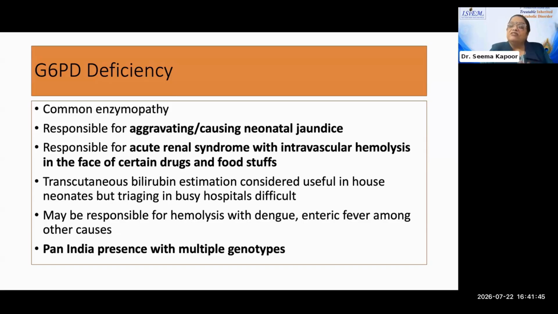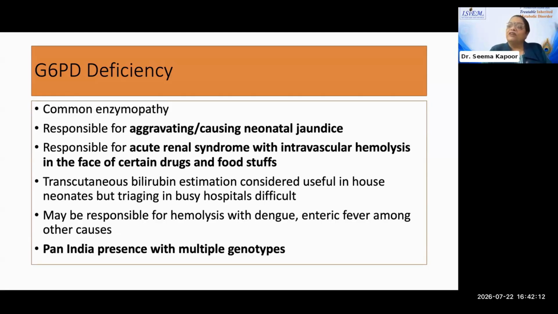Now, this mehndi can cause jaundice in G6PD deficient individuals. And despite this being an X-linked disease, 18 to 19% of picked up babies are females. They would have no idea and they would just go and apply a good patch of henna and you get admitted with a renal shutdown. Oh God, what happened?